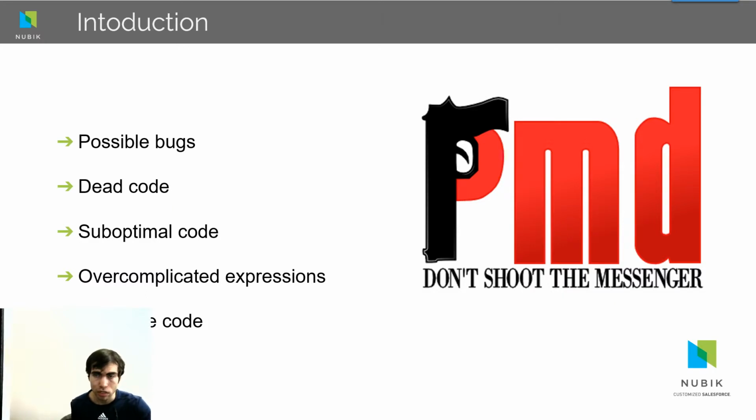You can detect things that could be bugs, for example an empty try catch statement, or even dead code, like when at the very beginning you thought you would be using a variable, but in the end you are not using it. It happens sometimes. Suboptimal code, for example when you declare a write with initial memory that in the end you are not using.